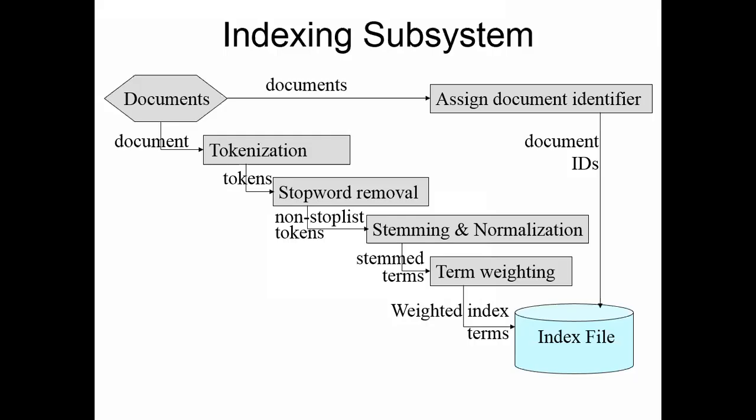Later on, based on term frequency, document frequency, and collection frequency, we will calculate inverse document frequency and TF-IDF, term frequency times inverse document frequency. We'll see those things when we reach that point.